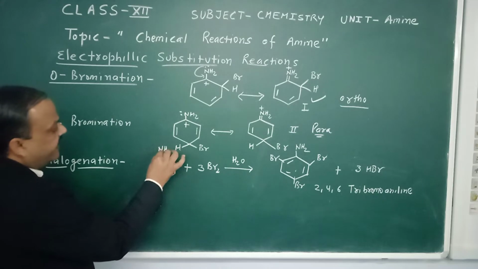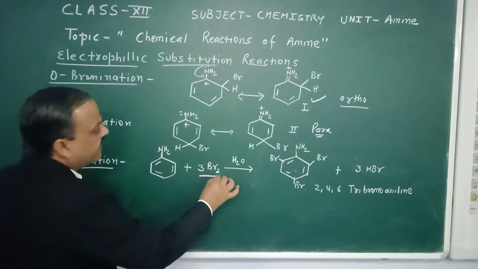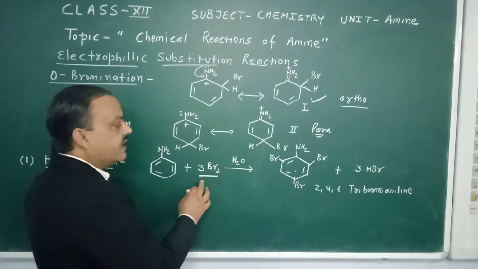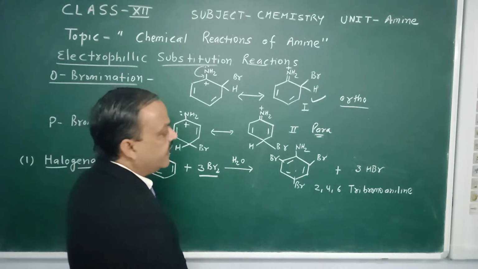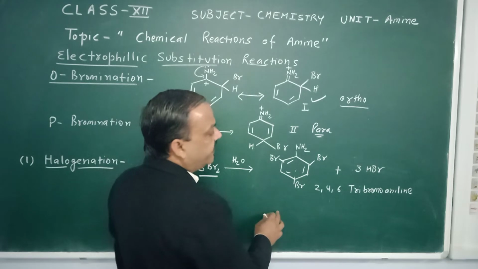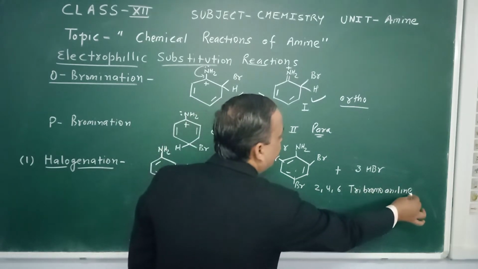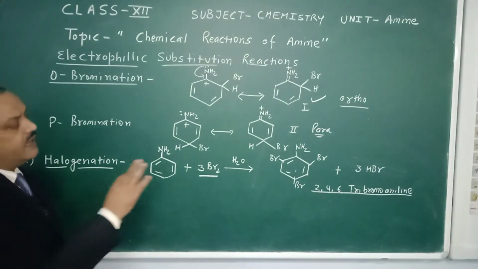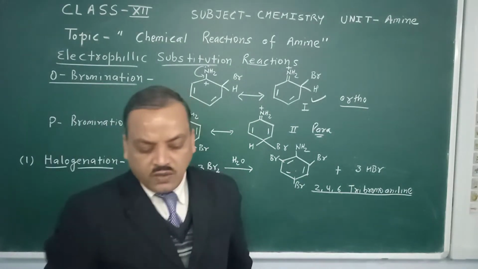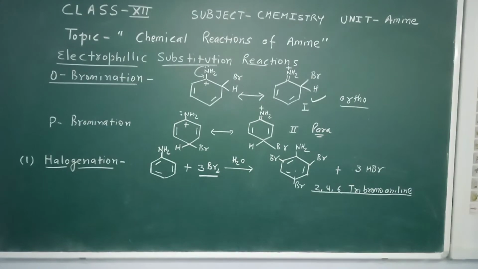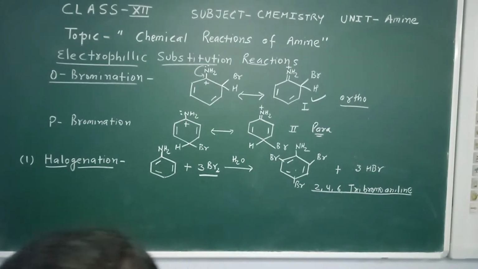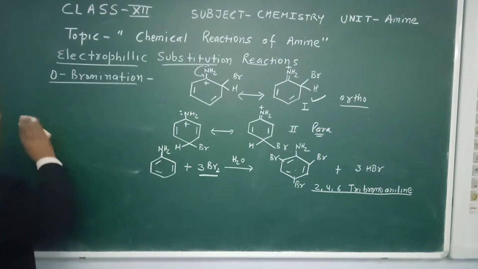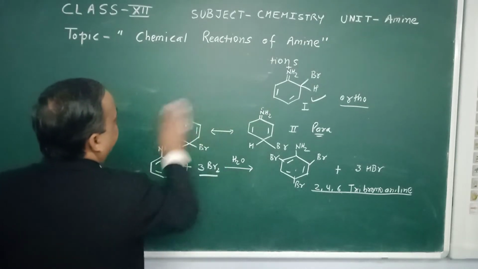When we react aniline with bromine, Br2, in the presence of H2O, we get the product 2,4,6-tribromoaniline by halogenation of aniline. Now the question comes to mind: how will the reactivity of aniline be controlled, or how will we get the major product?